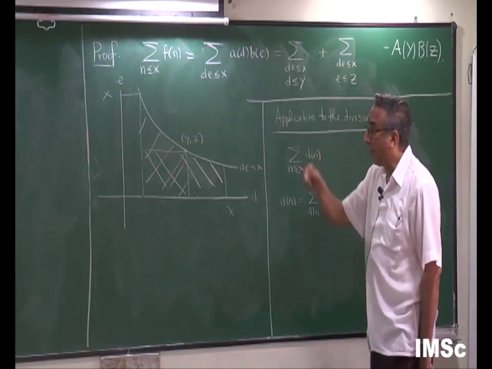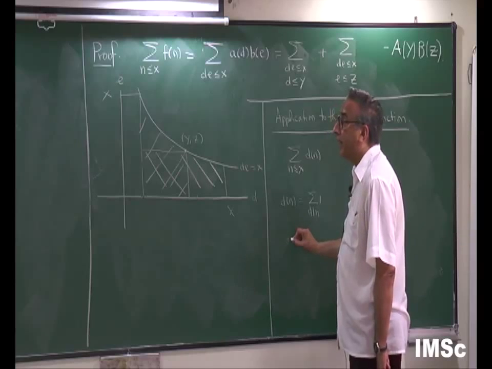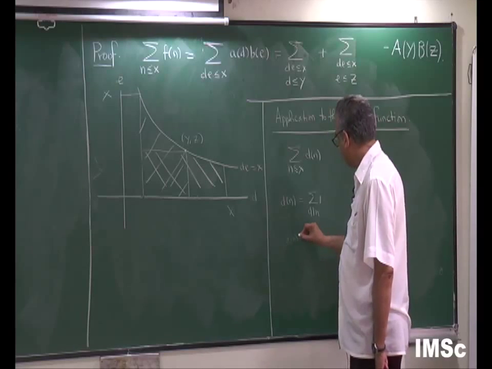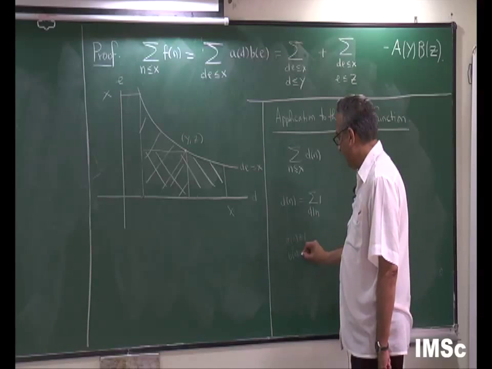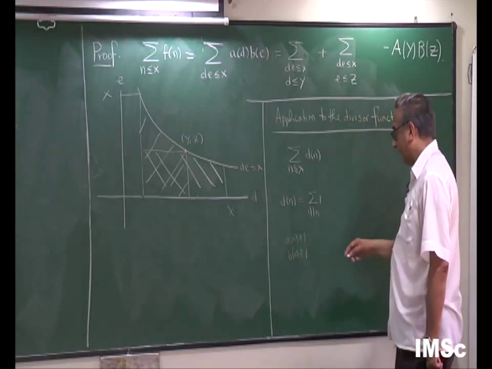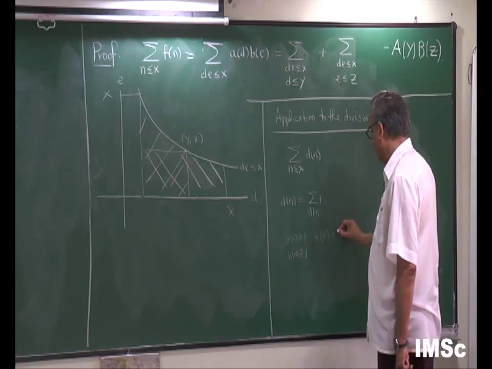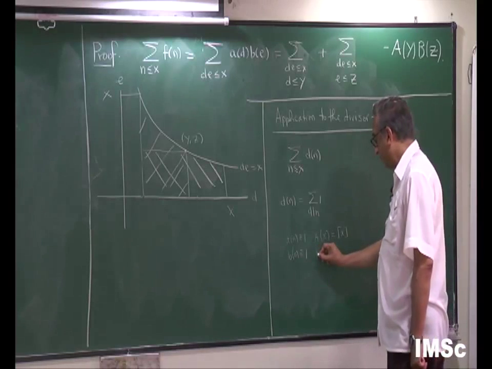And so I can apply the hyperbola method with a of n equals 1, identically 1, and b of n identically 1, right? We can apply the hyperbola method with that. And in that case, a of x is simply the greatest integer of x. And b of x is the same, of course.